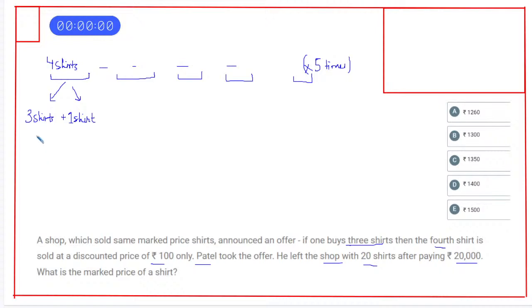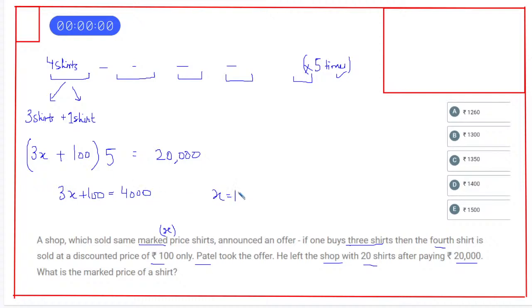So let's suppose the mark price is X rupees. This will cost him 3x, and another shirt is of 100 rupees. And this is done 5 times, so times 5, the total selling price is equal to 20,000. So I can say here that 3x plus 100 equals 4,000.